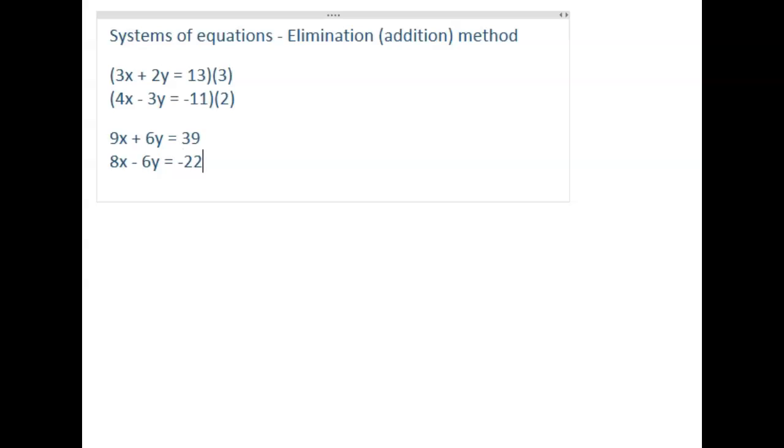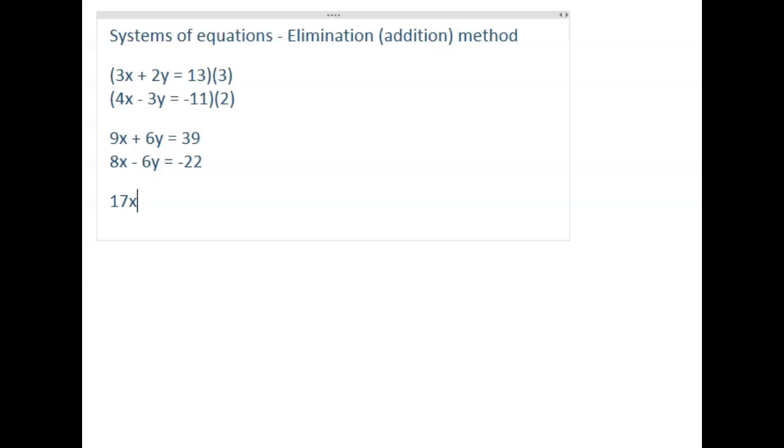Here's where the addition part comes in. Now I'm going to add the two equations together, combining like terms. So I'm going to add 9x plus 8x to get 17x. I'm going to add positive 6y plus negative 6y to get, well, positive 6 plus negative 6, that's 0. And the y's aren't there anymore, which is why we also call it elimination.